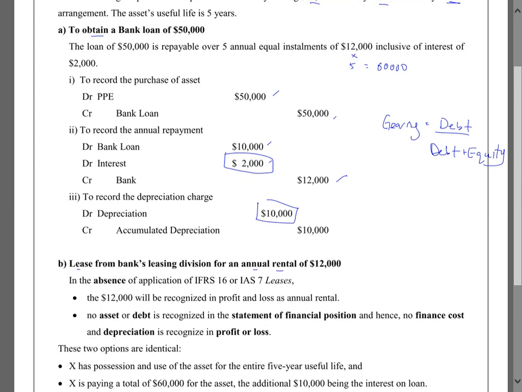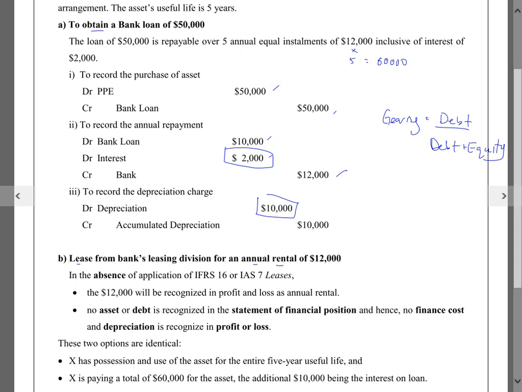If I were to rent it from the bank, you don't lend me money, I rent it from you. Let's enter into an agreement: I pay you 12,000 every year. Is that my asset? No, I'm renting from you.